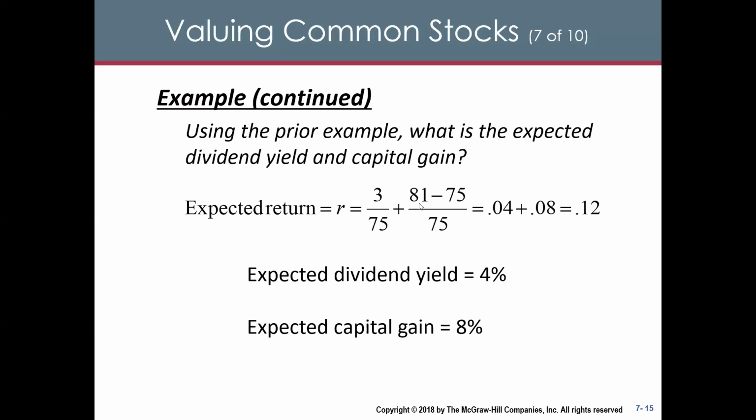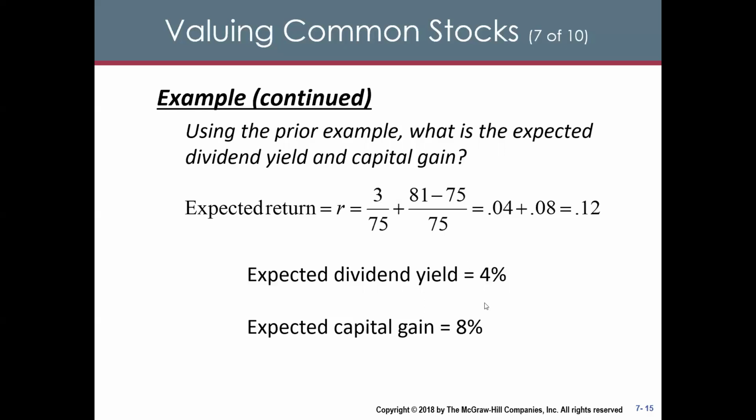You sell it for $81 and you purchased it for $75, so the capital gain is $6, and the return from the capital gain is 6 divided by 75, which is 8%. In other words, the 12% expected return can be decomposed into 2 parts. The first is the dividend yield, which is 4%. The second is the capital gain, which is 8%.